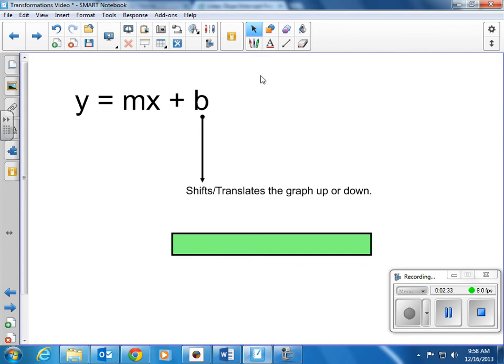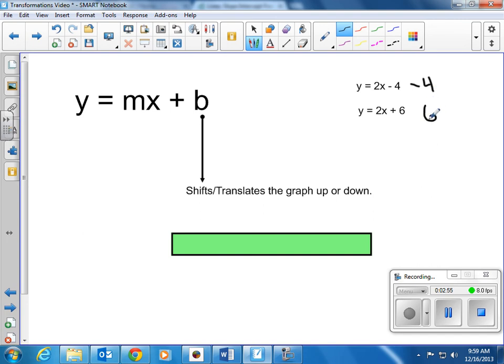Whenever we talk about a couple of equations here, like y equals 2x minus 4, and then let's compare that to y equals 2x plus 6. Notice the slope is the same, but what's different about these two is the y-intercept. In my first equation, my y-intercept is negative 4. In my second equation, my y-intercept is 6.